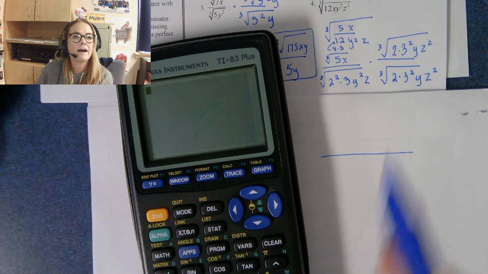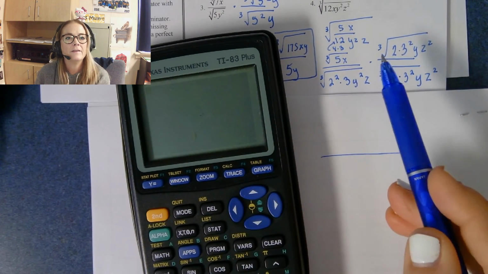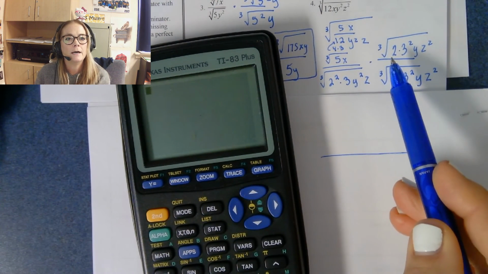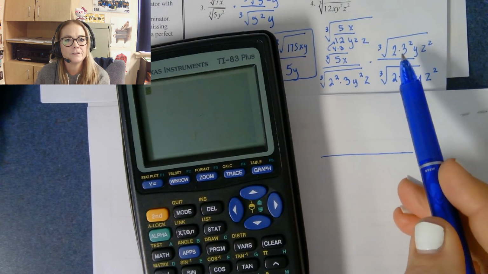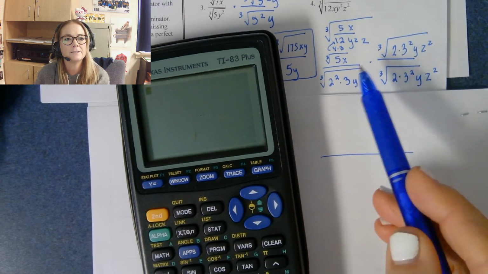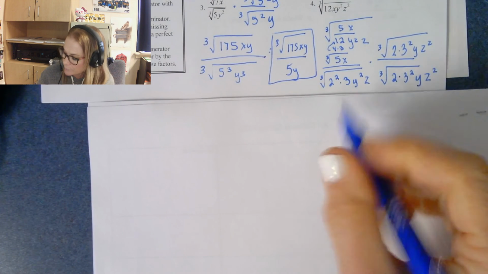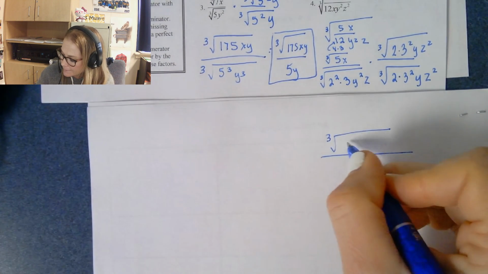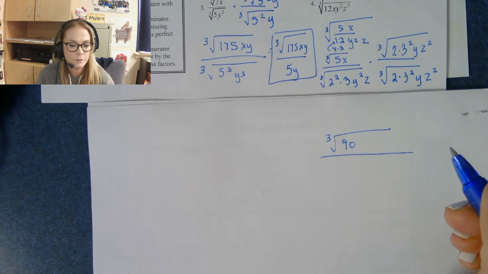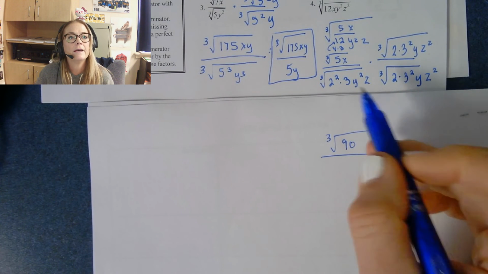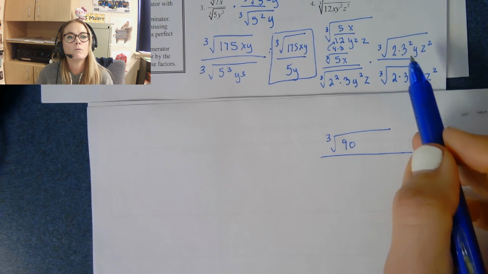Okay, so up top I've got 5, and then I've got 2, which is 10. I don't even need my calculator. And then 3 squared, which is 9. So that's 90. It's going to be the cubed root of 90, and then I've got x and y and z squared.